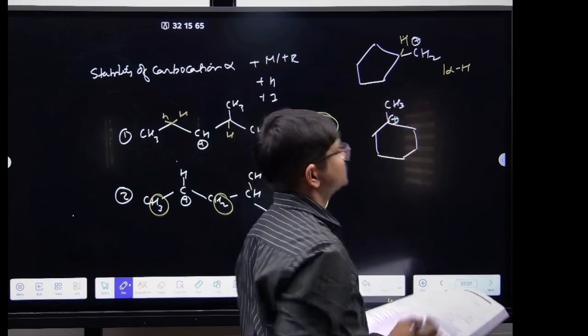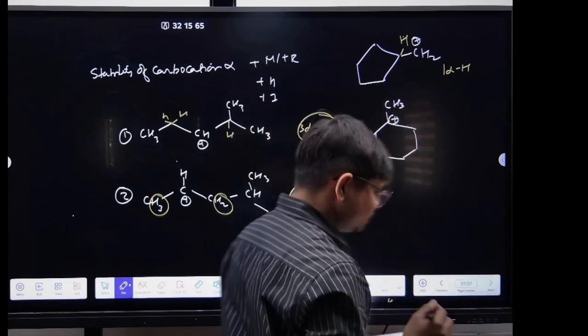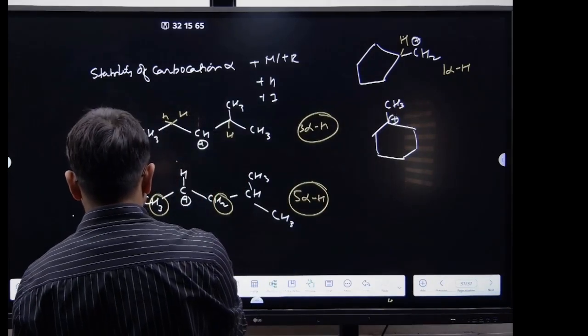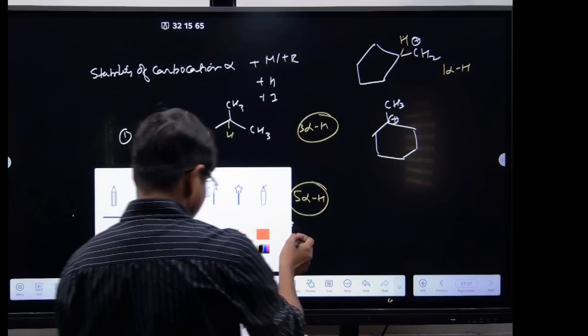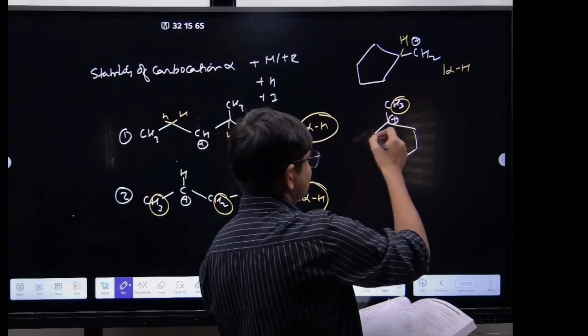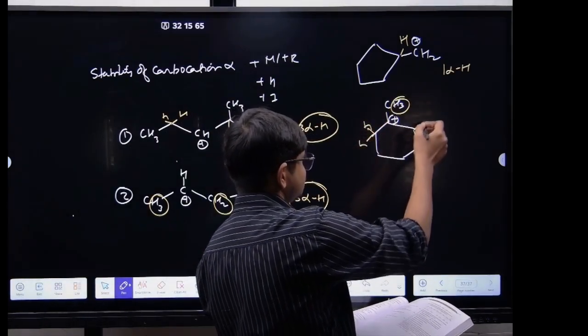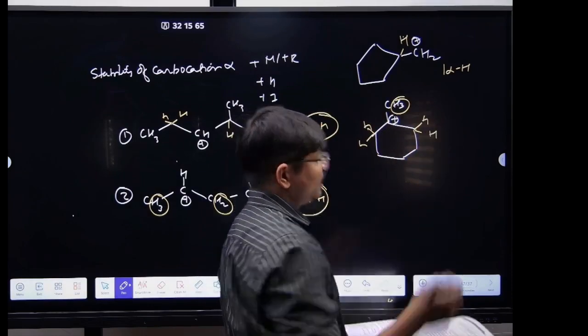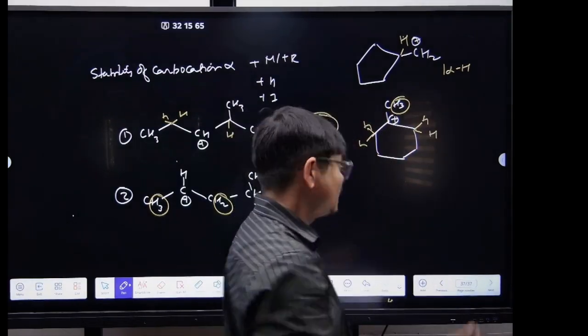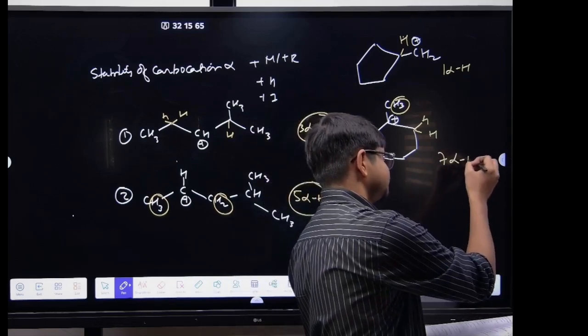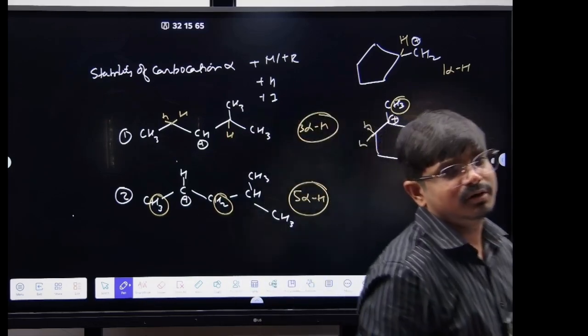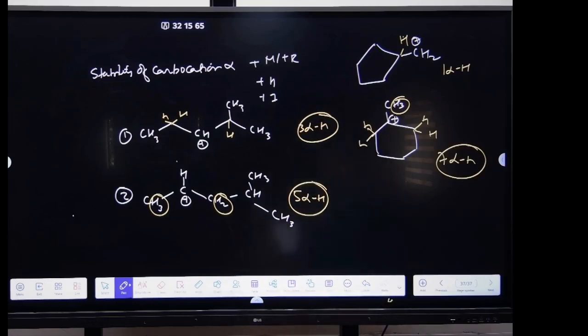How many alpha hydrogens are there? बोलो. 3, 2, 2 and 2. Total 7, which is the most stable one. 7 alpha hydrogens will be the most stable one. Got it?